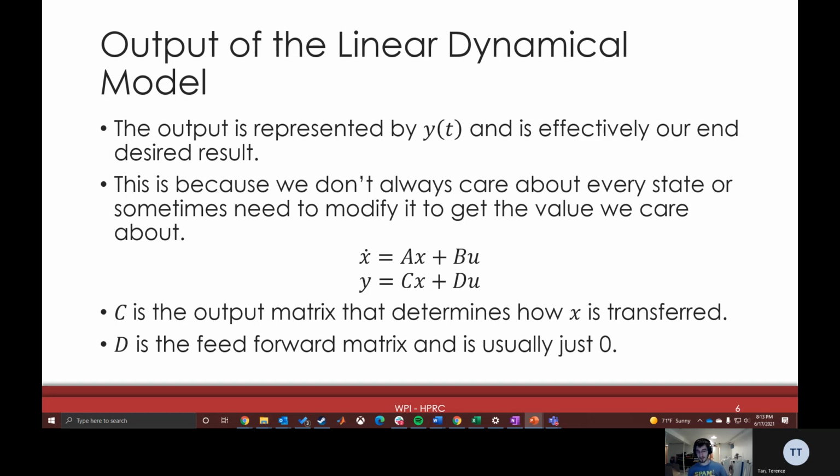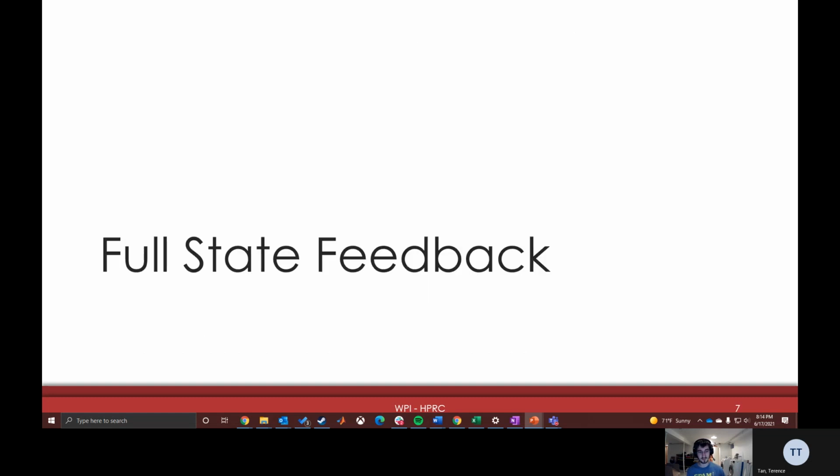Sometimes you might have an identity matrix, but some entries are zero, which is saying y is mostly x, but with some variables omitted, perhaps because they can't be measured or you don't care about them. D is the feed forward matrix. For the most part, that's zero. You don't really need to know what that is for now. I'm just including it so when you see it later, you're not confused.